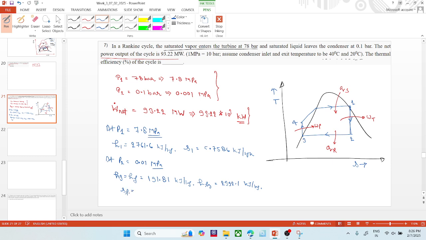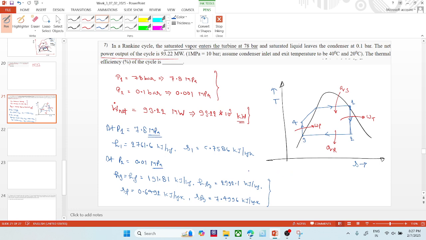SF here is 0.6492 kilojoule per kg Kelvin, and SFG is 7.4996 kilojoule per kg Kelvin. So these values would help us to determine the enthalpy at point 2.